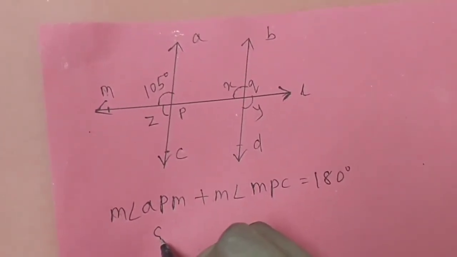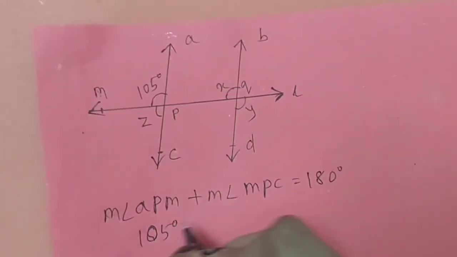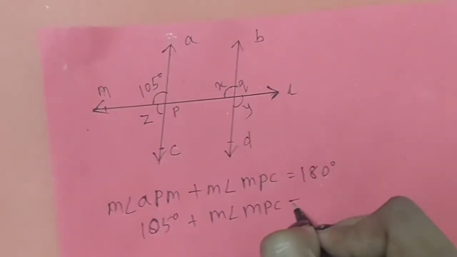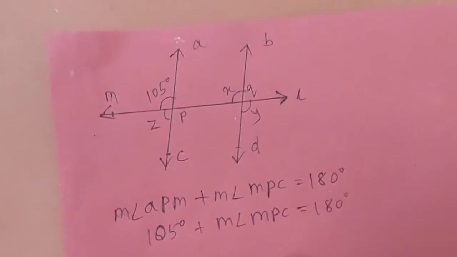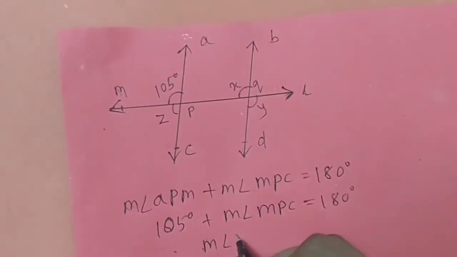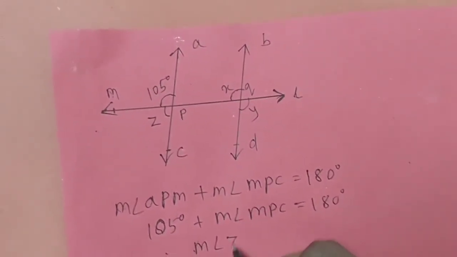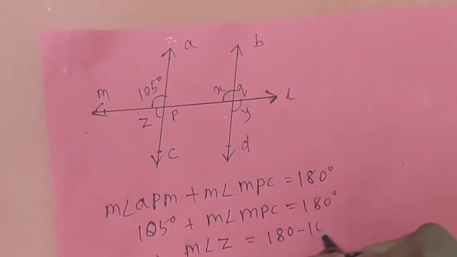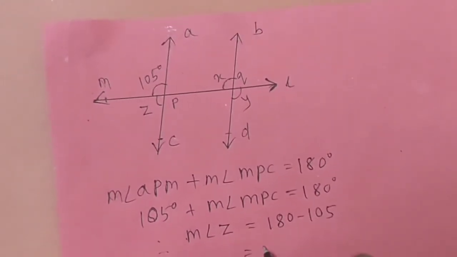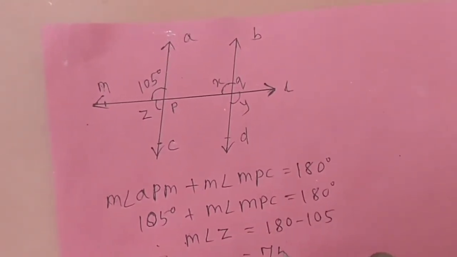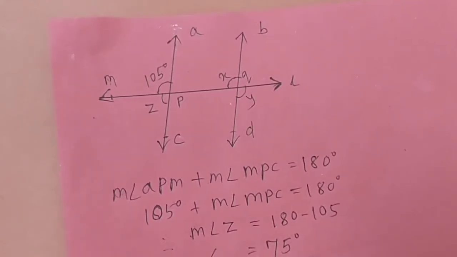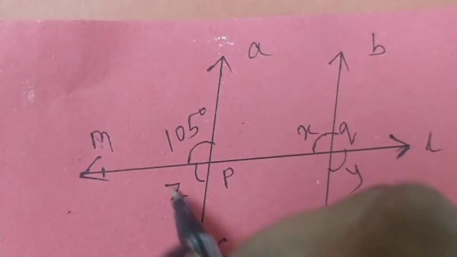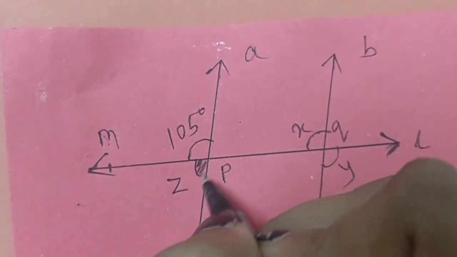APM is given, that is 105 degrees, plus measure of angle MPC is equal to 180 degrees. Therefore, measure of angle MPC, which means Z, is 180 minus 105, and we will get 75 degrees. So angle Z is 75 degrees.